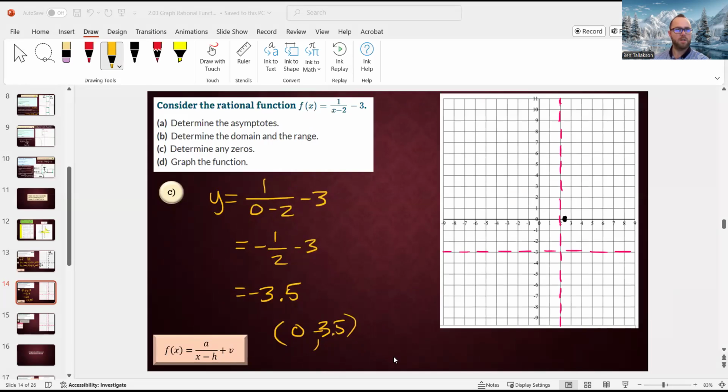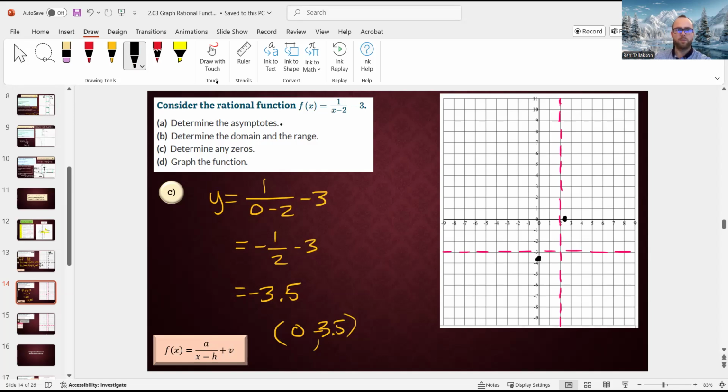Hmm, interesting. Yeah, 0, negative 3.5. Okay, good. So, 0, negative 3.5 right there.